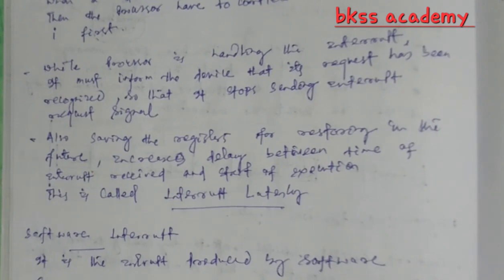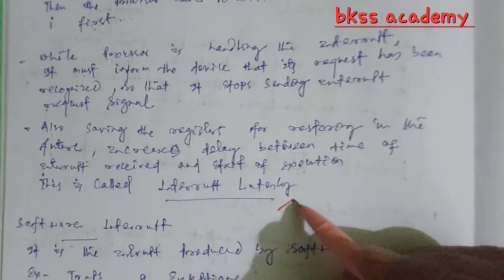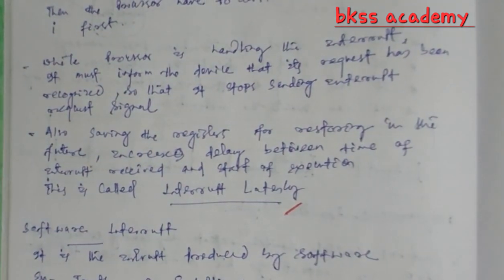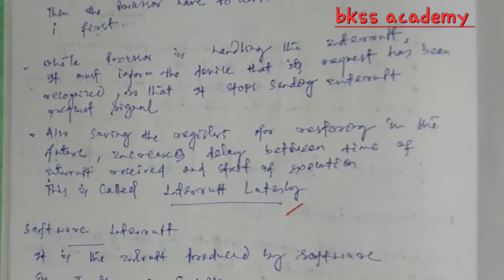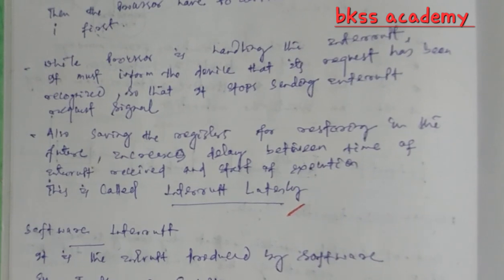Increase delay between the time of interrupt received and the start of execution. This is called interrupt latency. When the restoring process is continued in the CPU and another interrupt comes, that will be stored in the register until it is completed.